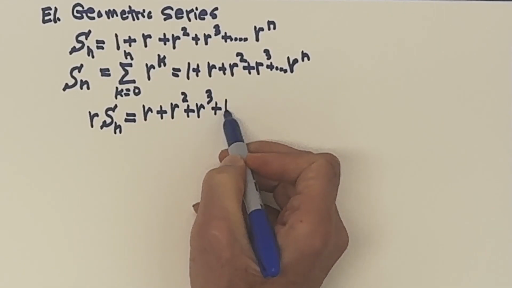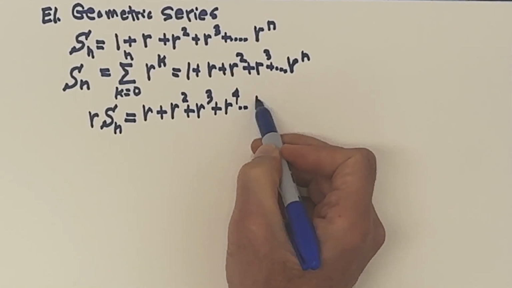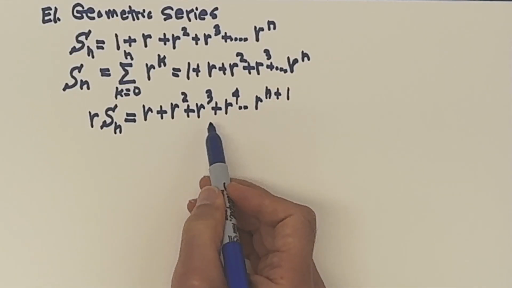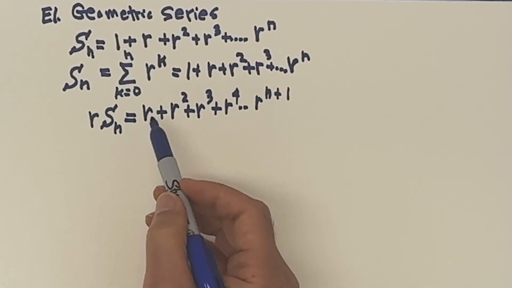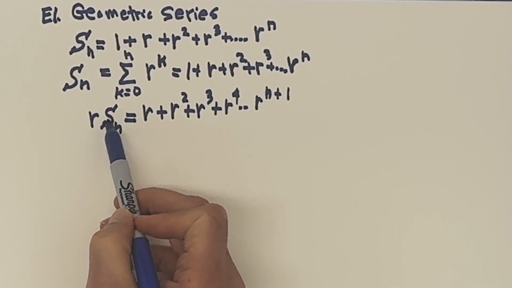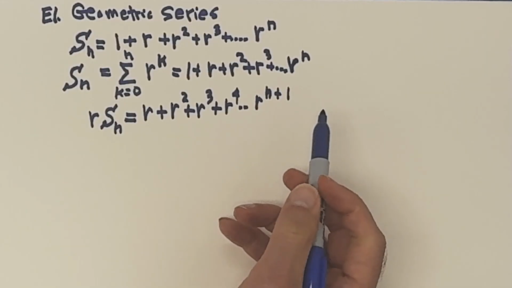I'd have 1 extra power as we go, and this would end up with an r to the n plus 1. So now what I'm going to do is subtract this left side from this left side and this right side from this right side.